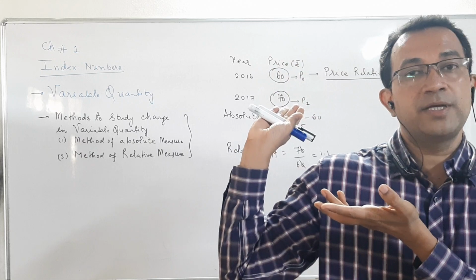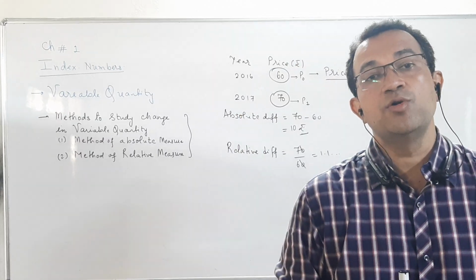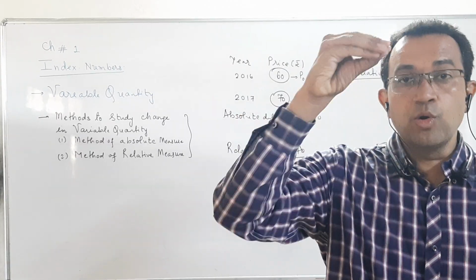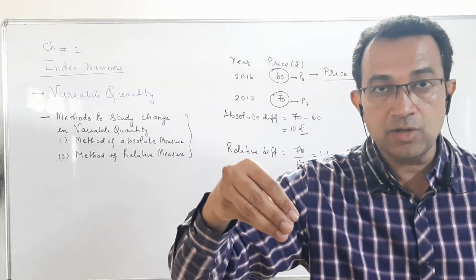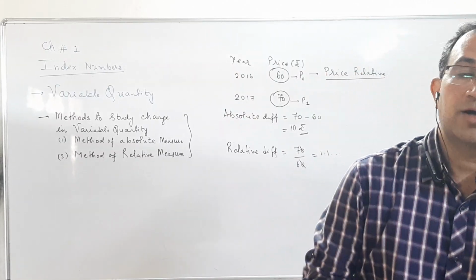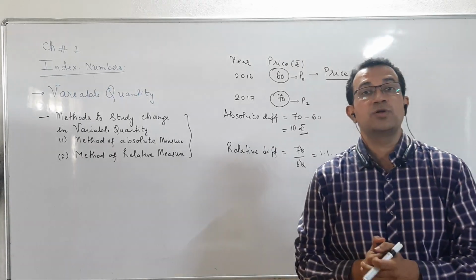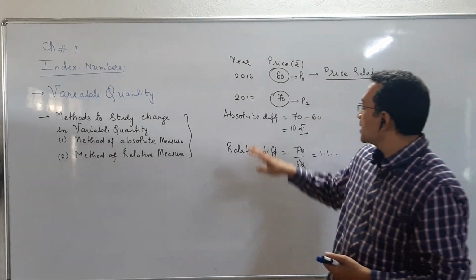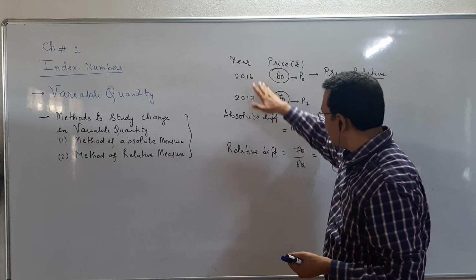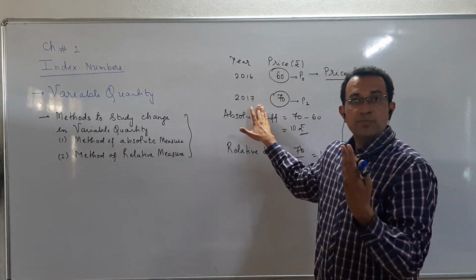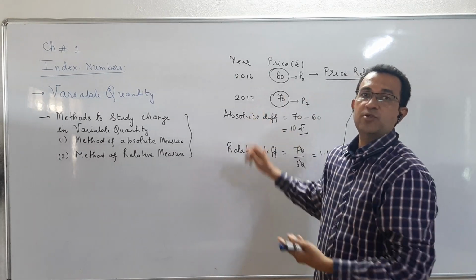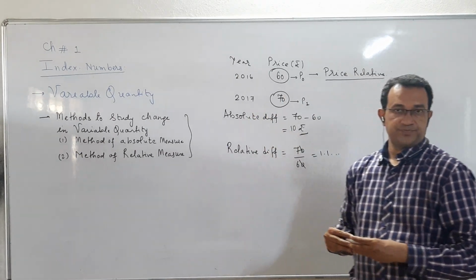We can never compare with the future, because future values we don't know. So the lower year price is denoted by P0, and the current year's price, or higher year price, is denoted by P1. I can compare 17 with 16. I can never compare 17 with 18, because comparison is always with the value of a past year.